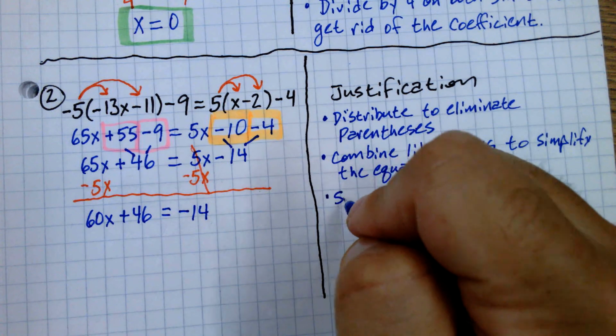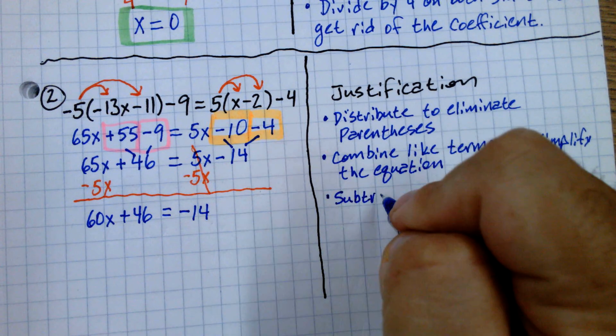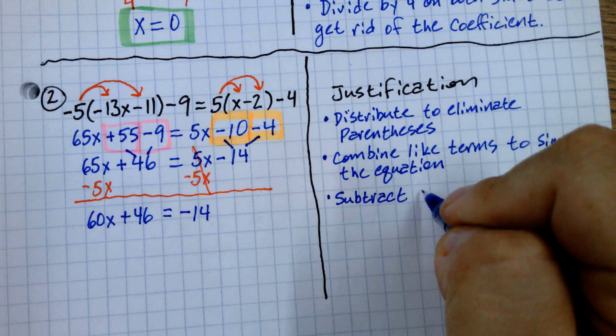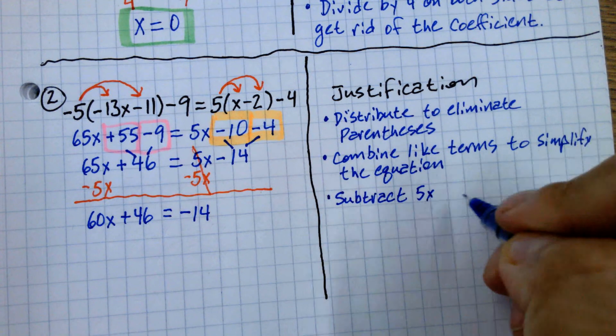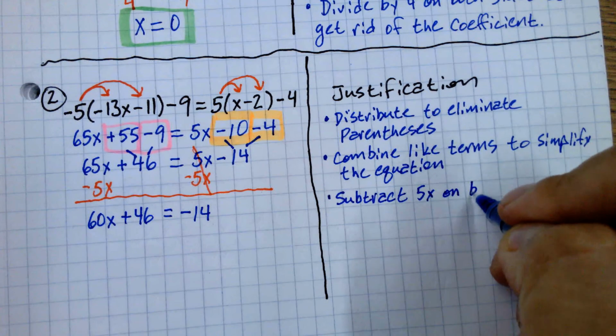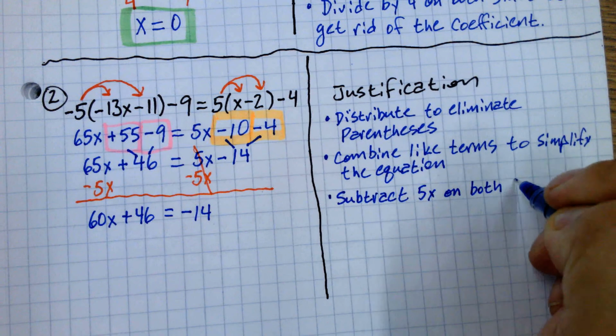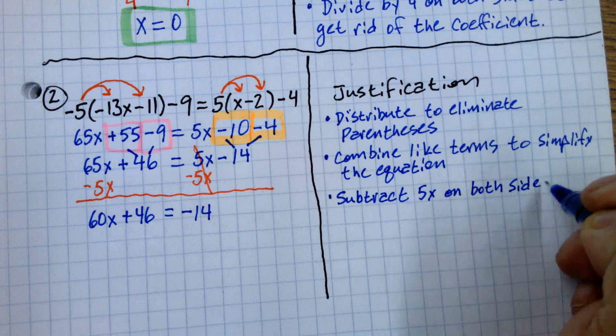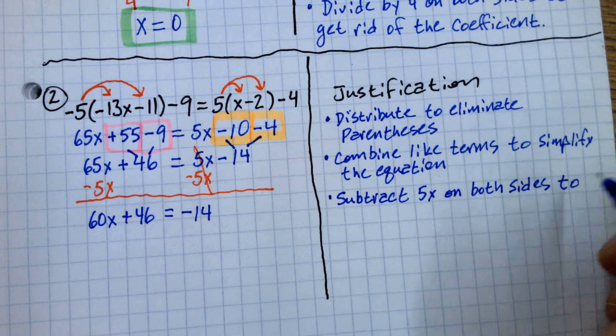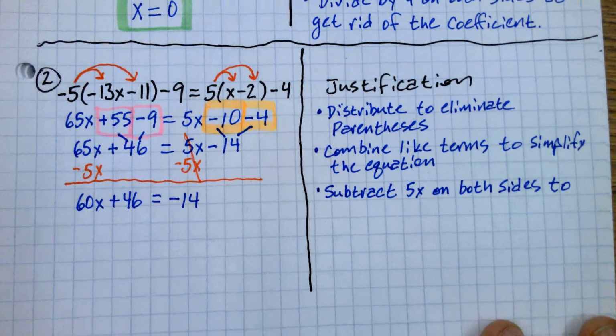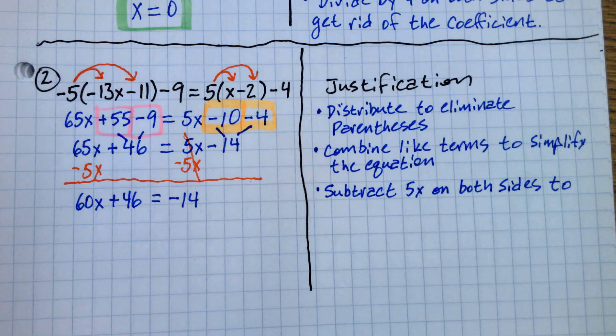Subtract 5x on both sides to, what did we say last time? Get rid of the variable on the right side.